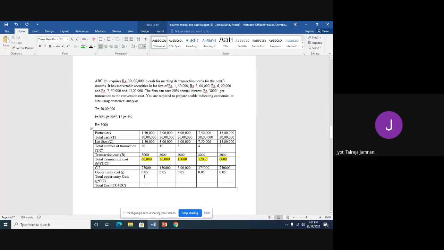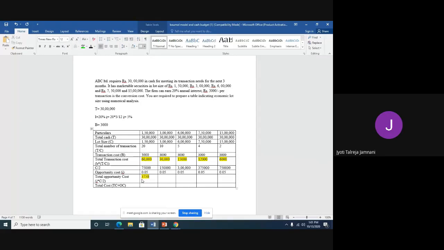Then we get the total opportunity cost, I into C by 2. So the value of I is 0.05 and C by 2 is 75,000 in the first case. So 75,000 into 0.05, you get 3,750.